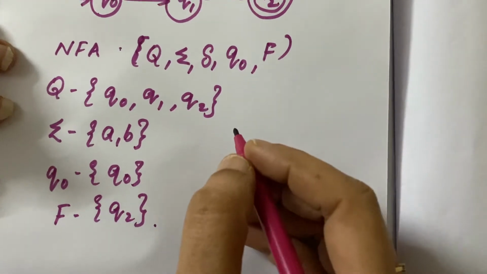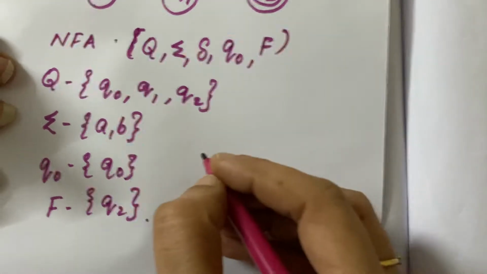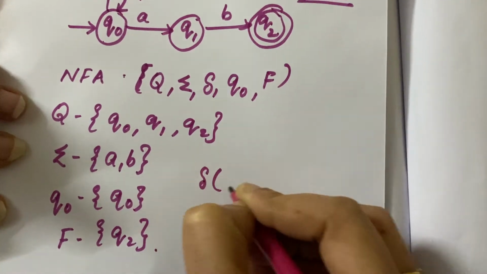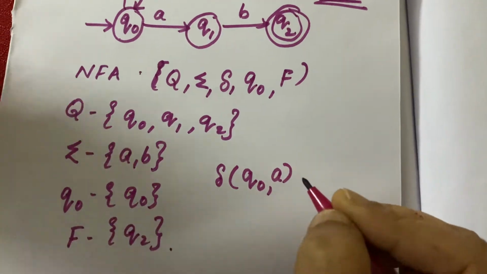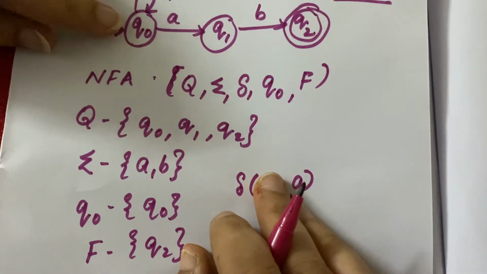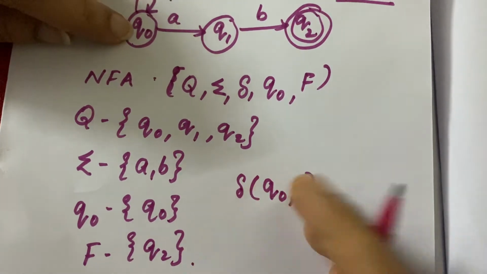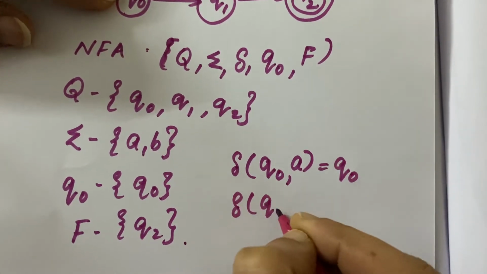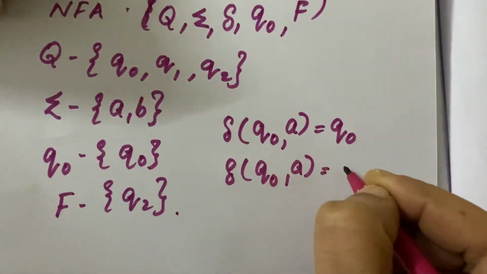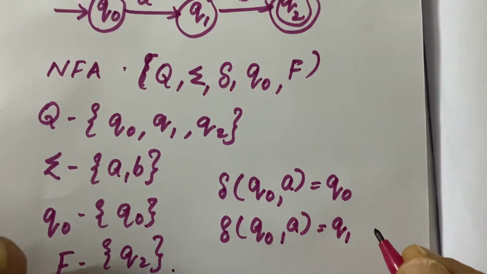Q0 on accepting A has two transitions. One is Q0 on accepting A going to Q0 itself. Another is Q0 on accepting A going to Q1. So there are two transitions, right?